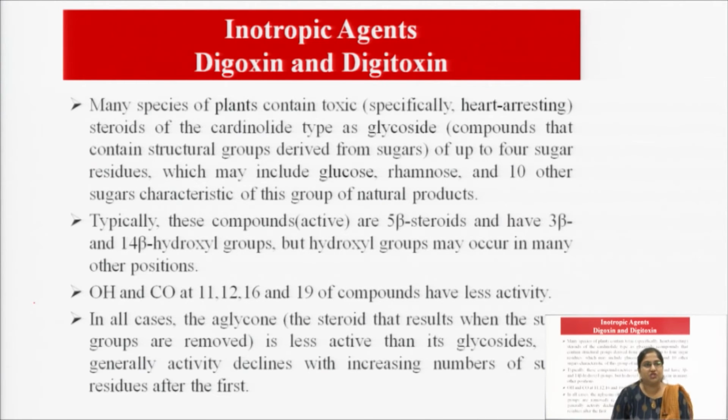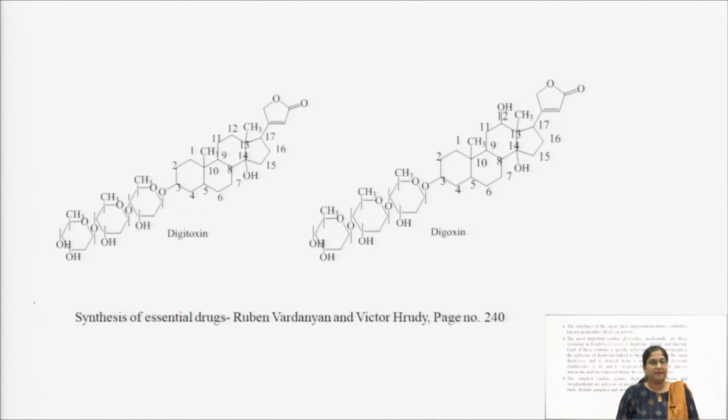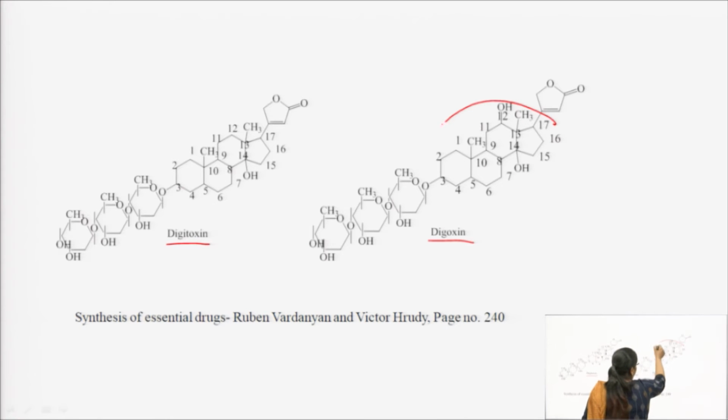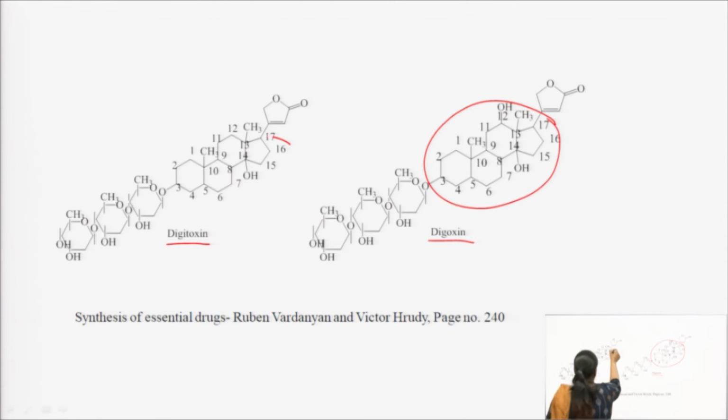The OH and CO, that means the hydroxyl group and ketone group, may be at positions 11, 12, 16 and 19. Let me show you the pictures as well. Yeah, this is the picture with the numbers on it. This is the structure for digitoxin and this is the structure for digoxin. As you can see, we are talking about this steroidal ring.